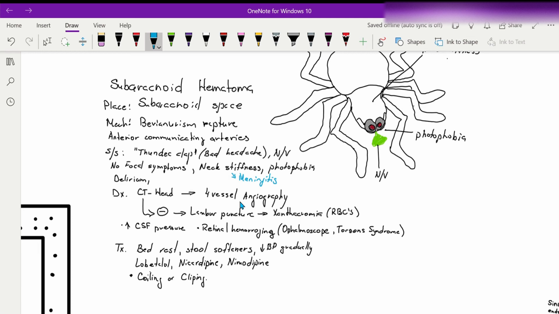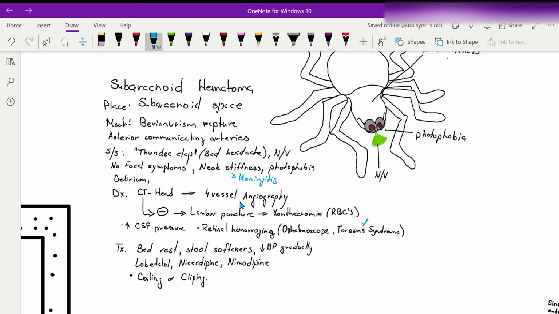So diagnosis, again, the CT scan, then vessel angiography. If the CT scan is negative, then lumbar puncture, and then xanthochromia. Check the red blood cells. So increased cerebrospinal pressure, retinal hemorrhage, ophthalmoscope, Terson syndrome.